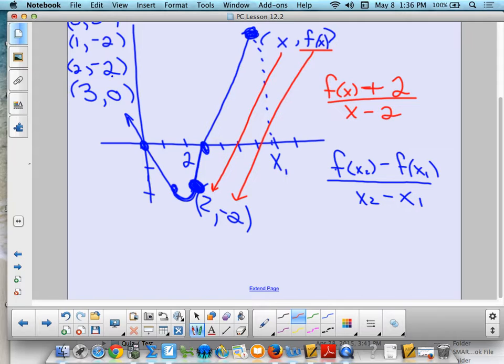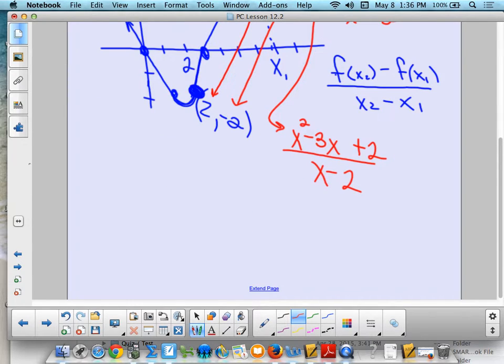And then I said, well, what's f of x? Yeah. F of x is the function right there on your slide. What was it? F of x was what? X squared minus 3x. There you go. X squared minus 3x is what f of x is, plus the 2 over the x minus 2. And then what? What'd you do there? From there. Factor the top.